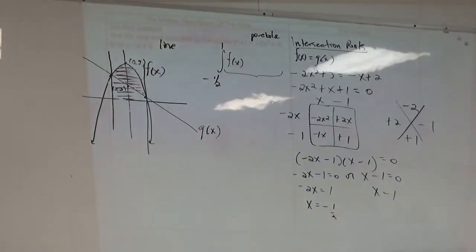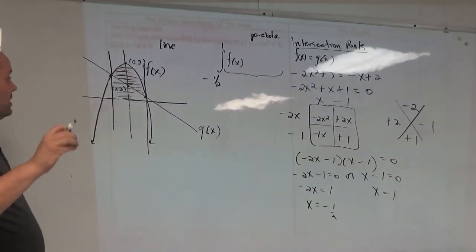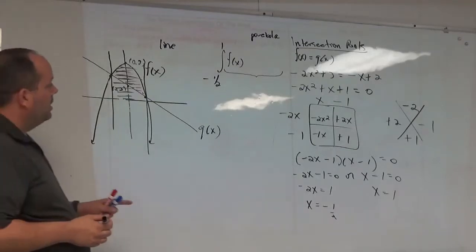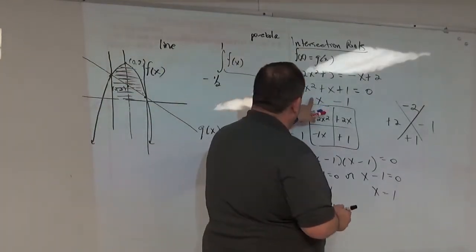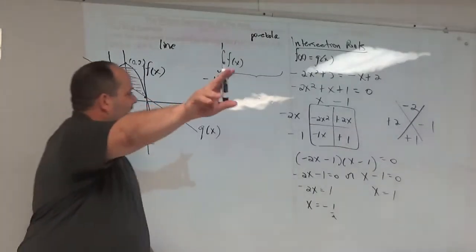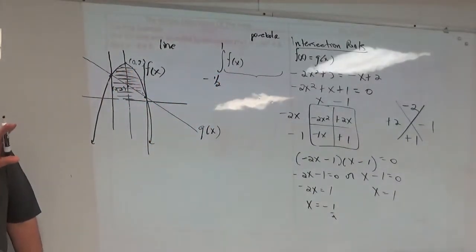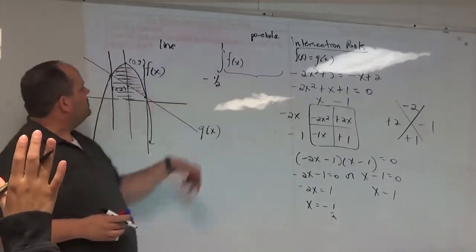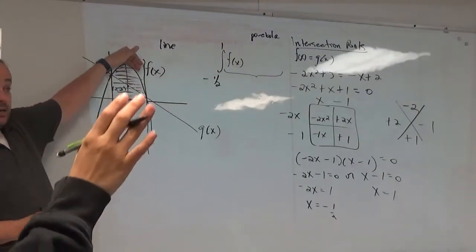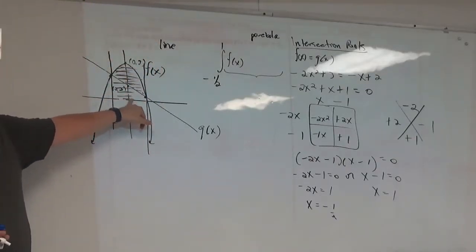I don't want that much area. What clever thing can you do here, Jackie? Yes, I don't want to go straight there yet. If we just use f of x, you're saying from negative a half to 1, everything below the parabola, and you're catching this area that you don't want.